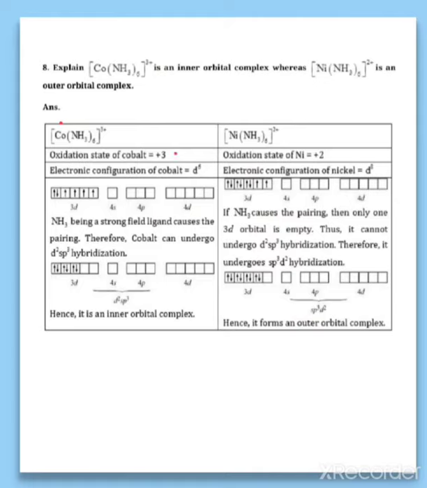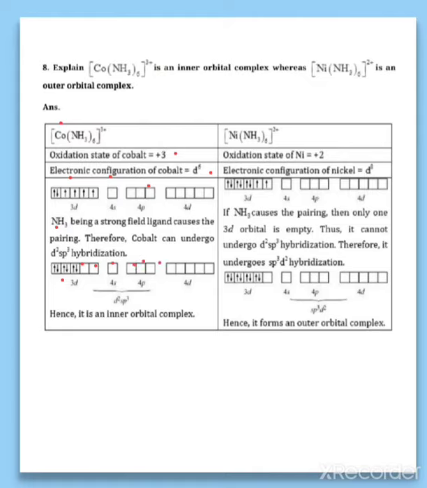So the number of electrons available in d is 6. So we make 6 electrons in 3d. 4s and 4p are empty because NH3, being a strong field ligand, causes pairing of electrons. So when the 6 electrons in d get paired, you can see here 2 orbitals in the d are available, that is empty, along with the 1 s orbital, that is 4s, and the 3 4p orbitals.